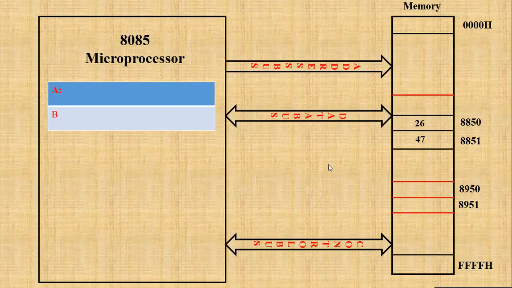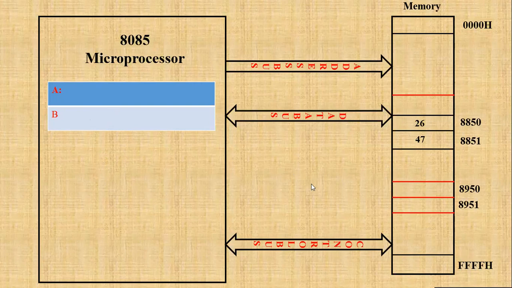One more very important thing is that it is not possible to transfer data directly between one memory location and another memory location. But we have registers A, B, C, D, E, H, L. We can transfer data between two registers, but it's not possible to transfer data between two memory locations directly.